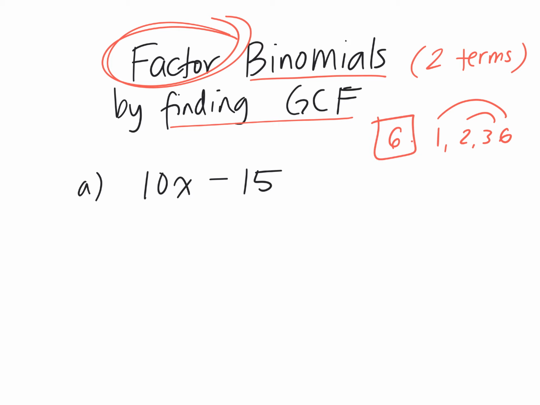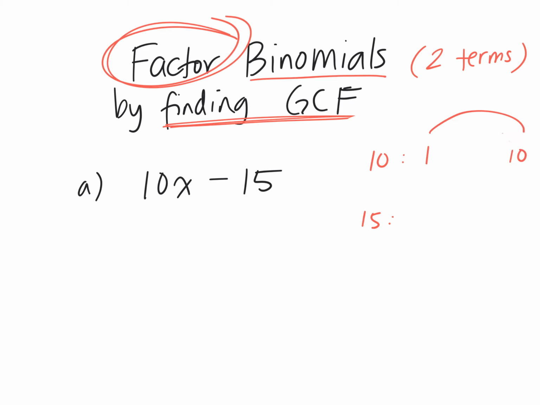Okay? So to factor this question, I'm looking for 2 things that I have to multiply together to get 10x minus 15. So first we have to find the greatest common factor. Find the greatest common factor of 10 and 15. 1 times what gives me 10? 2 times what?